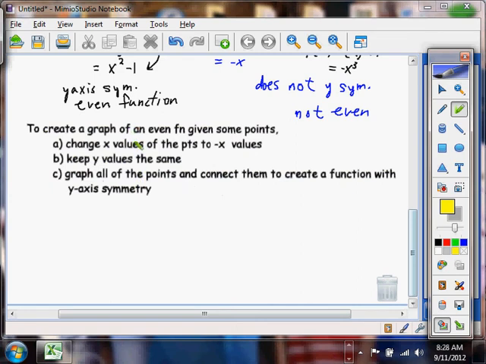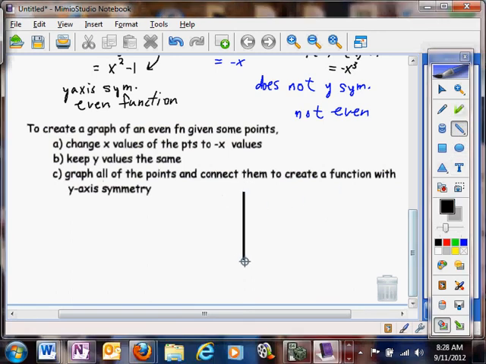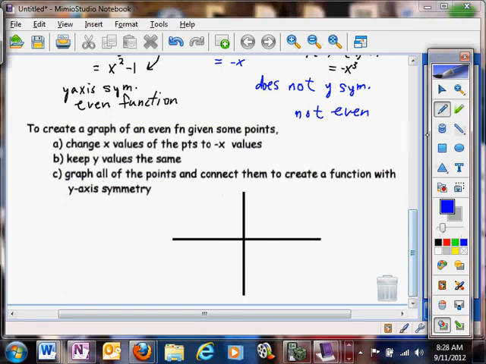So we're going to be creating a graph of an even function given some points. So let's see if I can make a graph here. And this will not be exact because my graph isn't going to be exact. So let's say I was given some points, let's say I have some xy values.